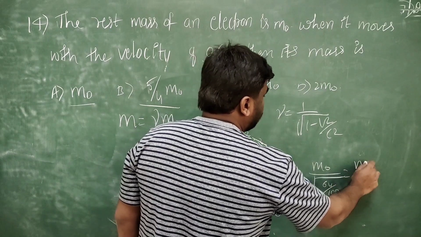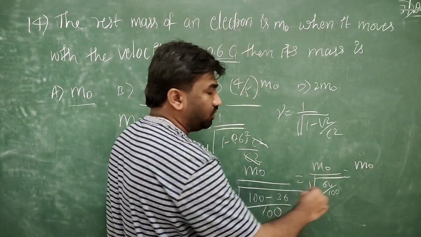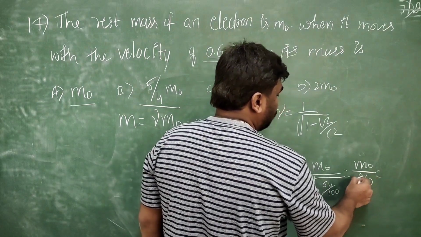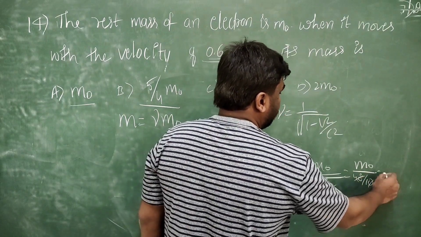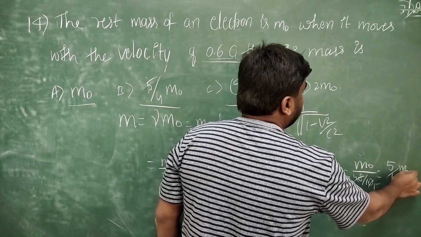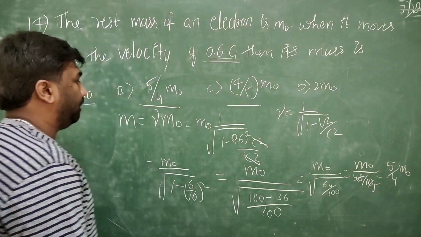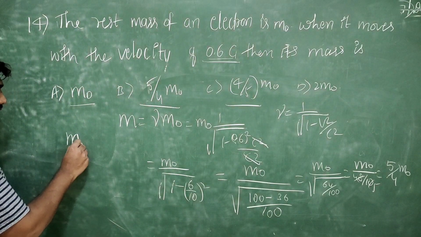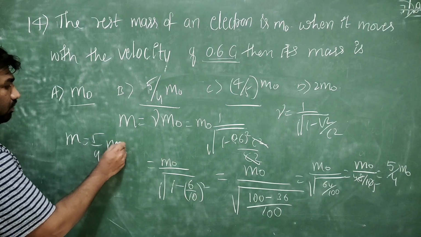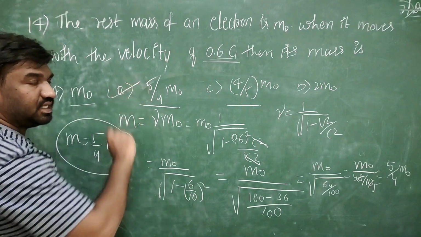The 64 comes outside as 8, so 8 by 10, which is 4 by 5. So the answer is m is equal to 5 by 4 m naught. Option B is correct.